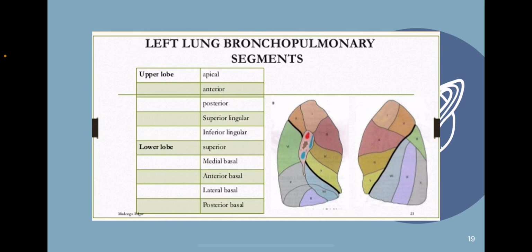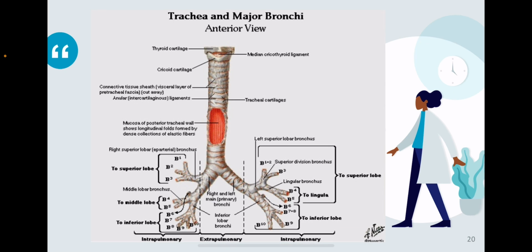The left lung. The upper lobe has apical, anterior, posterior, superior lingular, inferior lingular, and the lower lobe has superior, medial basal, anterior basal, lateral basal, and posterior basal. This image shows the trachea and major bronchi.